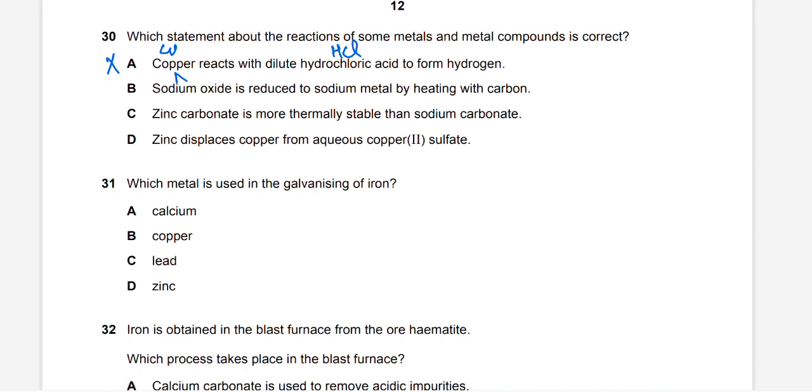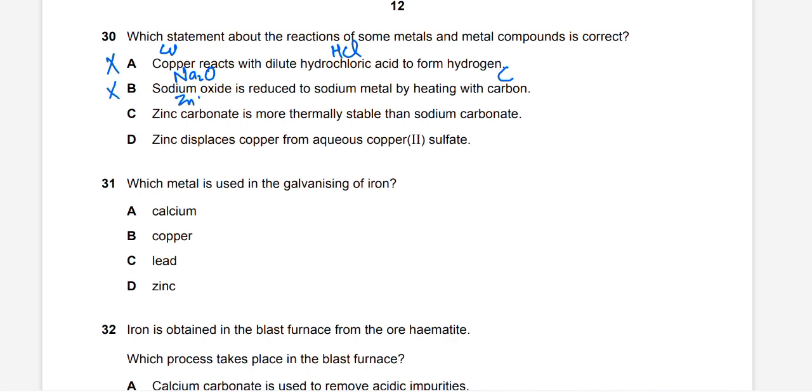Sodium oxide Na2O is reduced to sodium metal by heating with carbon. Carbon is a non-metal. This is a metal compound, okay, but this is a non-metal. Incorrect.